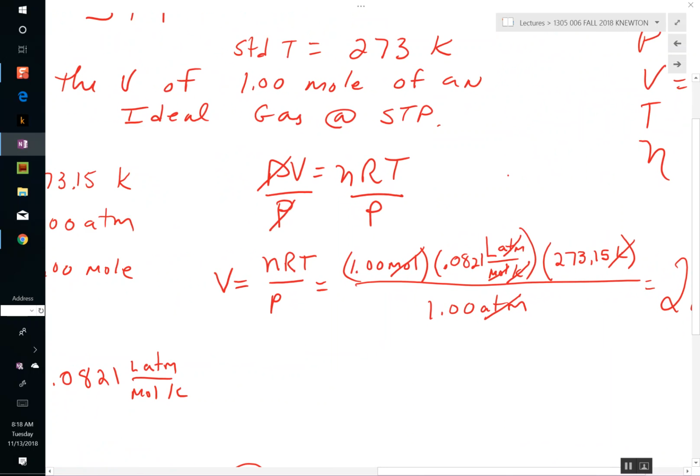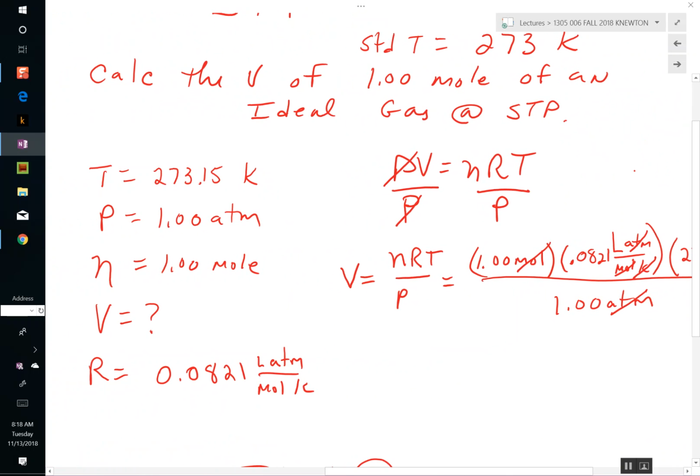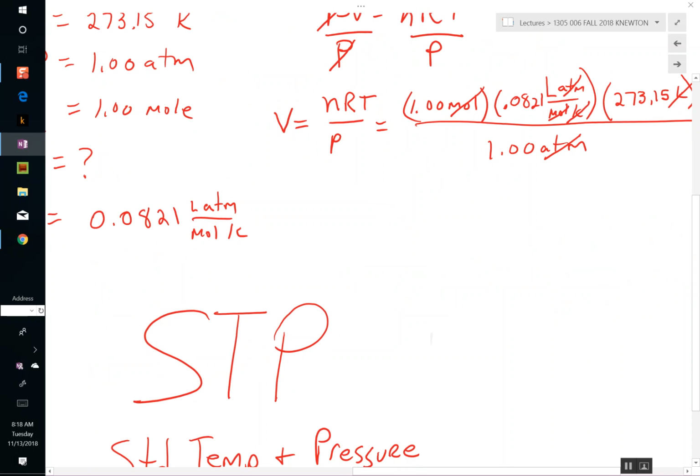Should be a little curious about that. What gas are we talking about? What gas is that? Ideal gas? Any ideal gas? Yeah, because that's standard. It's the standard. Any ideal gas. It has 1 mole. So what this is saying is if we had 1 mole, let's put a couple ideal gases down here.